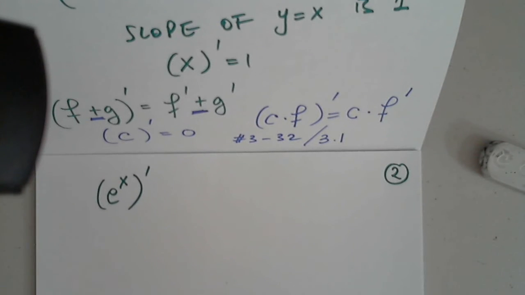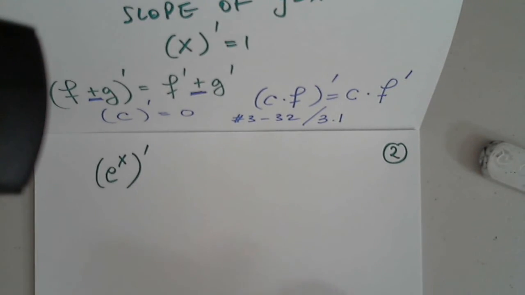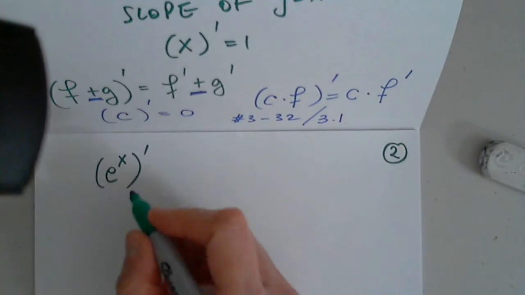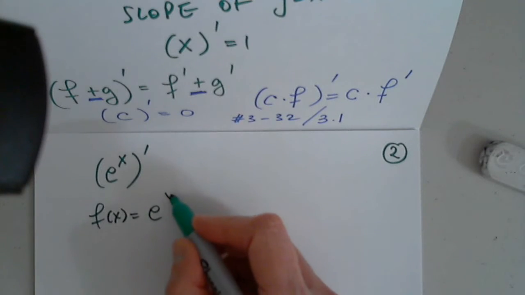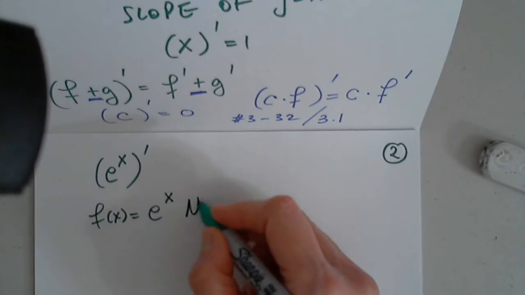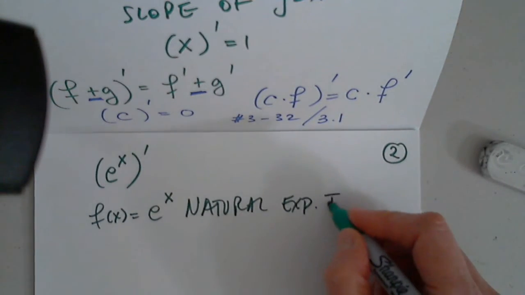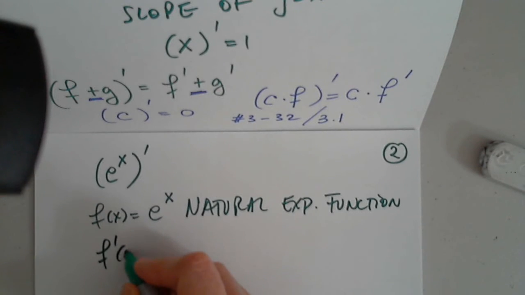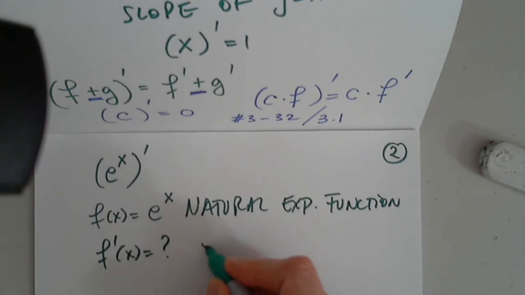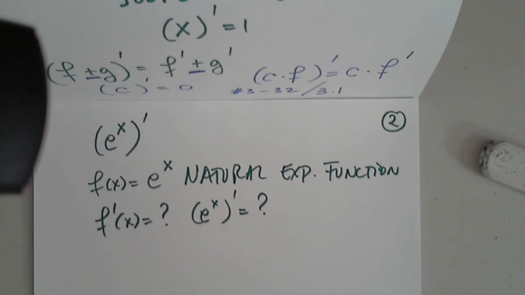This is one function that I would like to go back to the limit of the difference quotient for. So this is our function, f of x, the natural exponential function, and we want to determine f prime. This is our question. So how much is e to the x prime? This is what we are trying to discover now.